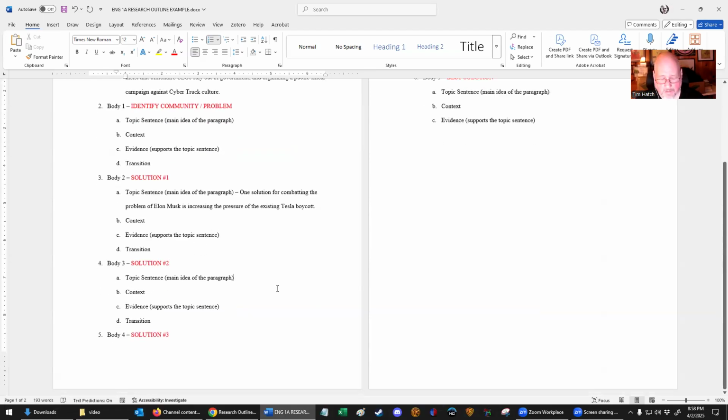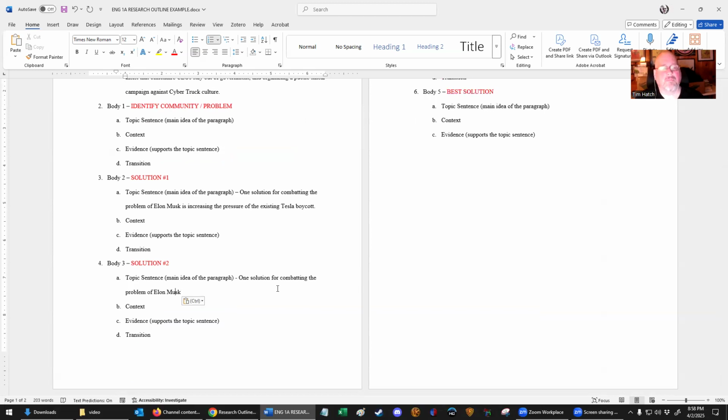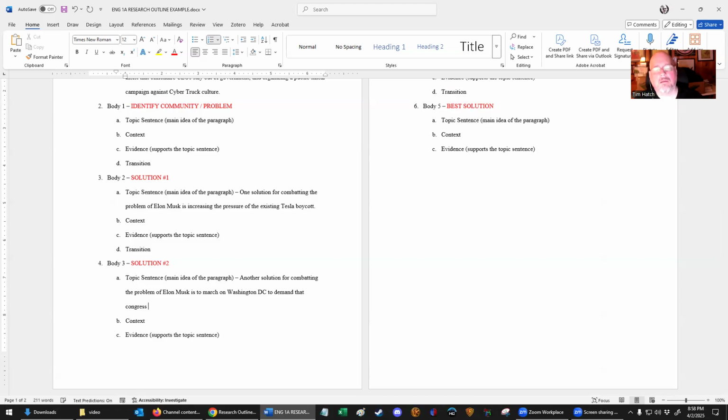So, paste this again, except I don't want to say the word one again. So another solution for combating the problem of Elon Musk is to march on Washington, D.C. to demand that Congress, I don't know, enact legislation to prevent billionaires from participating in the business of government.